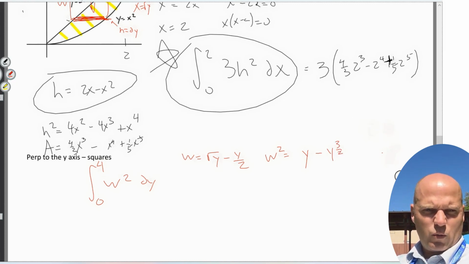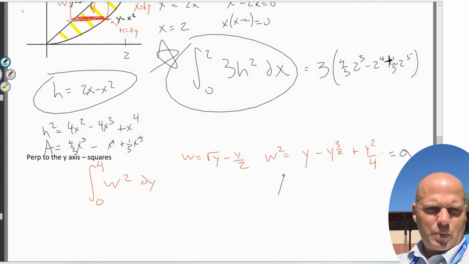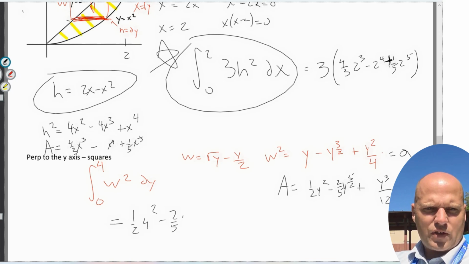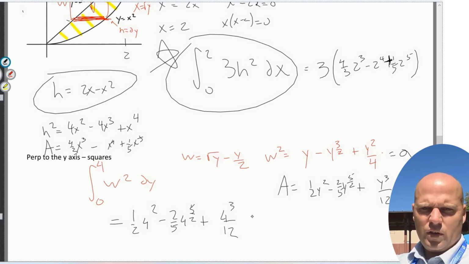And then y over 2 times y over 2 is going to be y squared over 4. We'll call this like a. Super A would be 1/2 y squared minus y to the 5/2 times 2/5 plus this is y cubed over 12. So this answer, which I got, 1.333, is 1/2 4 squared minus 2/5 4 to the 5/2 plus 4 cubed over 12.